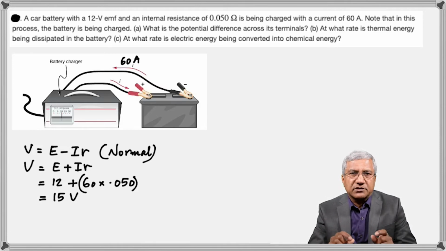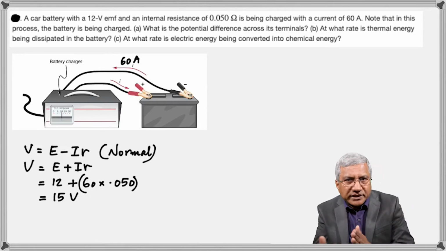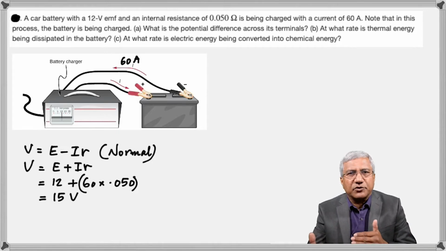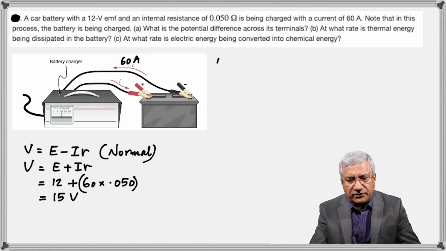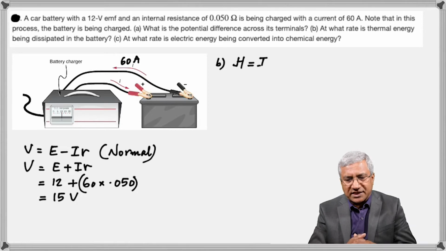Heat produced, or thermal energy per second, is I squared R. That's exactly what you're asked to find. At what rate means what's the heat produced in 1 second? So we just need to use I squared times R.